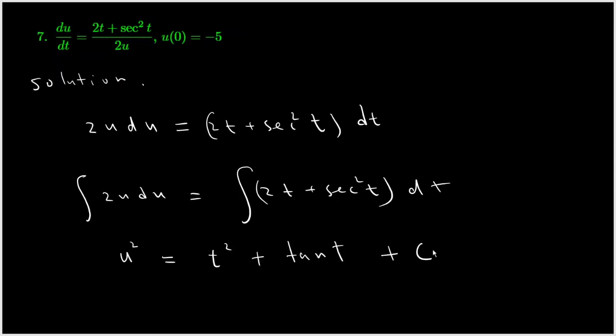And then to determine the constant c, we use the initial condition. The initial condition gives you the value of u is equal to -5 when t is 0, right? Can I start a new page?